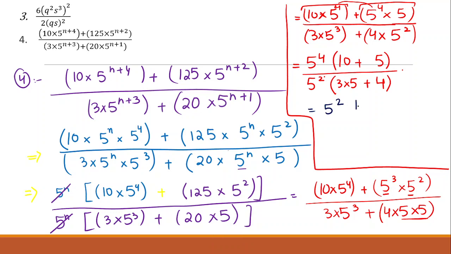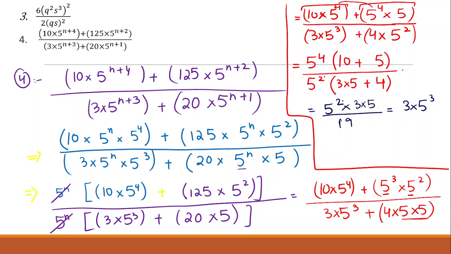So 10 plus 5 is 15, you can write 15 divided by 3 multiplied by 5 is 15 plus 4, so it is 19, okay, so this is the thing, and we can simplify it. So 3 multiplied by 5, we can also write it like this, because 15 is 3 multiplied by 5, and they all are being multiplied with each other.